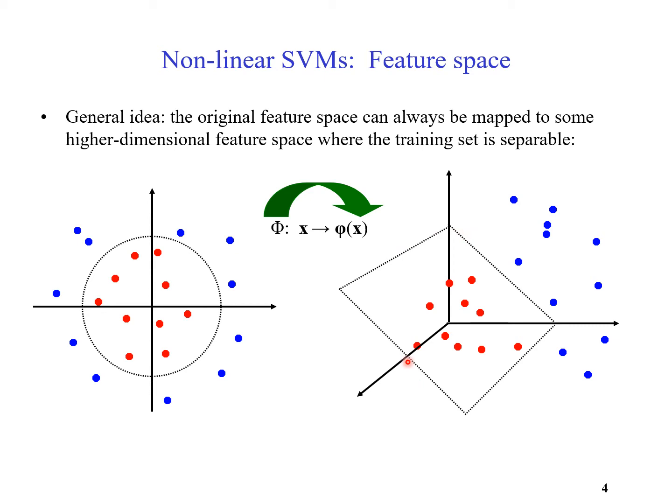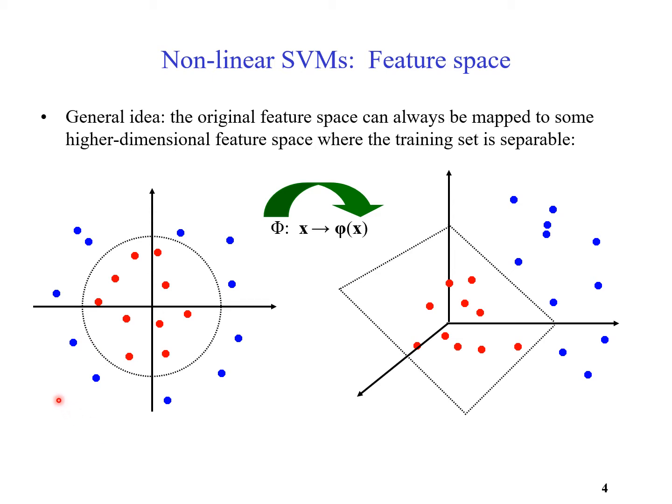This is not a line anymore, it's a hyperplane. And if we transform this linear hyperplane back to the original input space, then it will look like this circle.